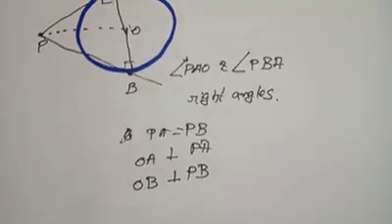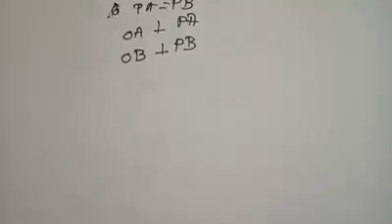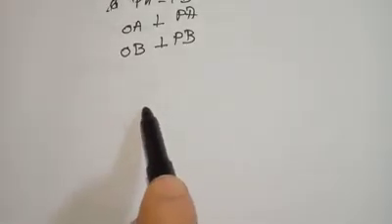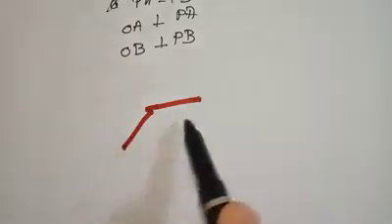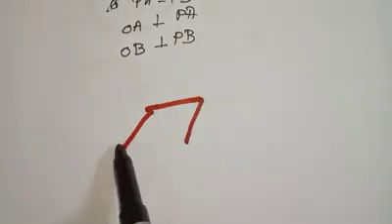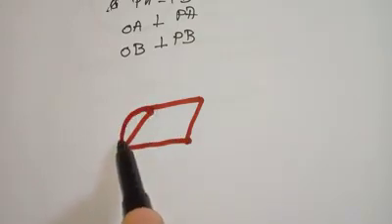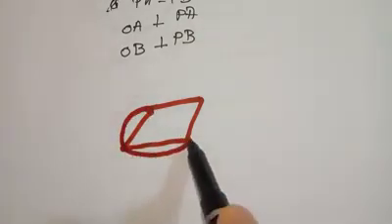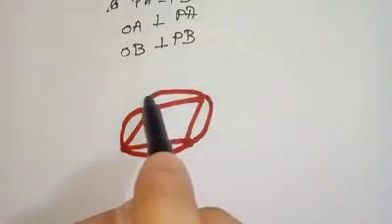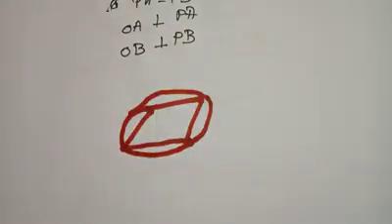Let me first draw it and possibly then you will have a clearer picture. So for example, if I get a polygon, right now we are drawing something like a quadrilateral, and we join the vertices. It looks something like this. This is what we call a polygon inscribed in the circle.